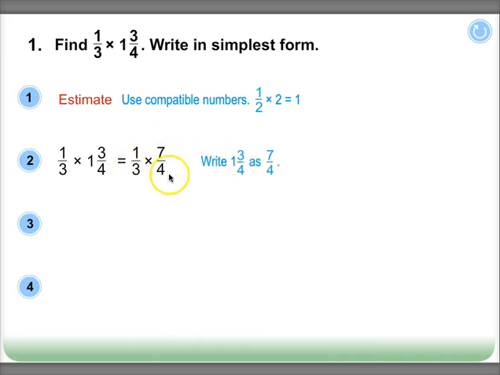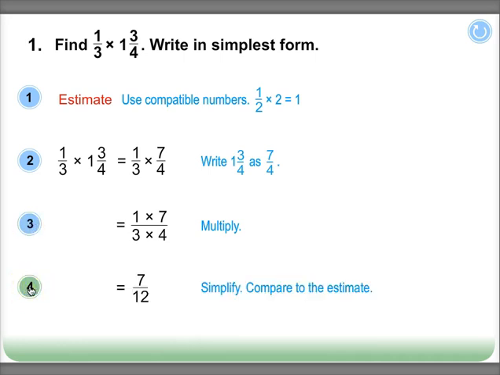Then we multiply numerators to numerators, denominators to denominators. We end up with 7/12, because 1 times 7 is 7, and 3 times 4 is 12. Is it simplified? Why, yes, it is simplified.